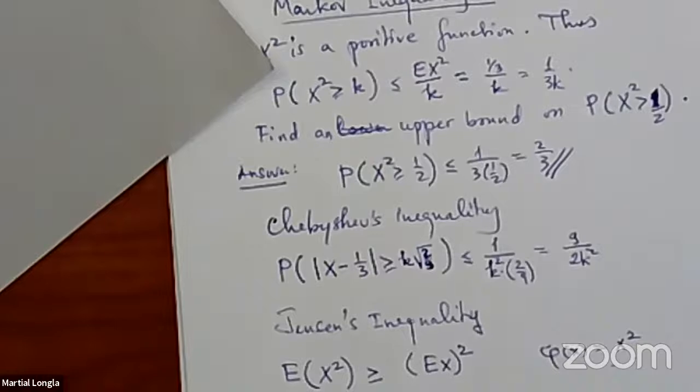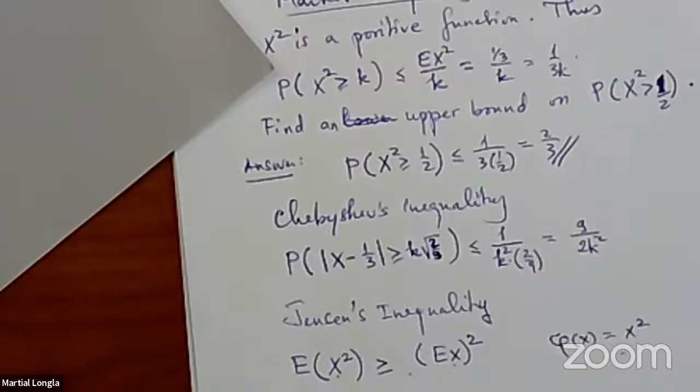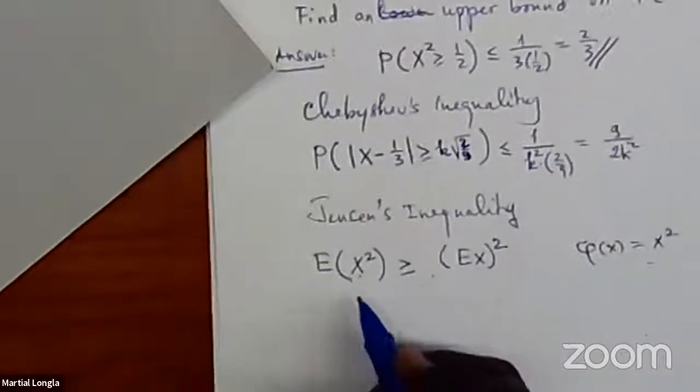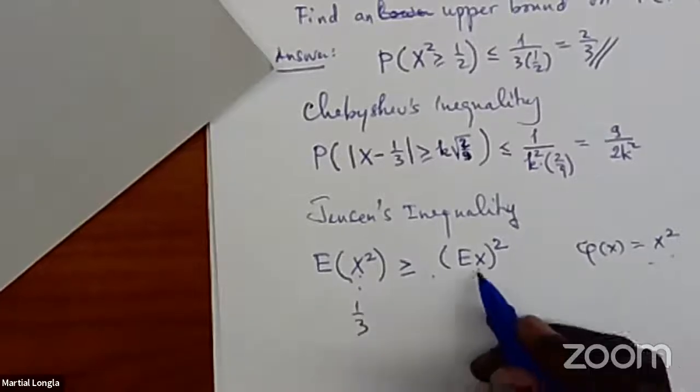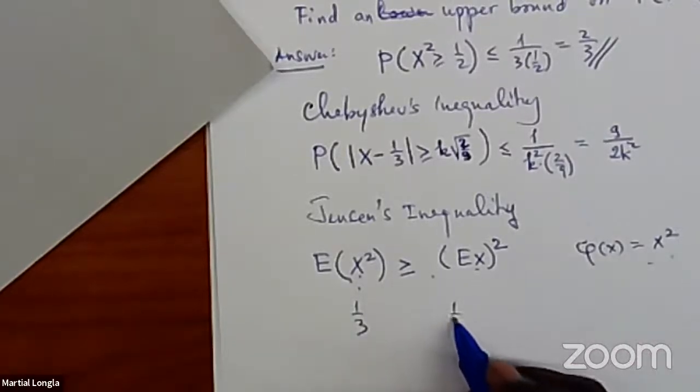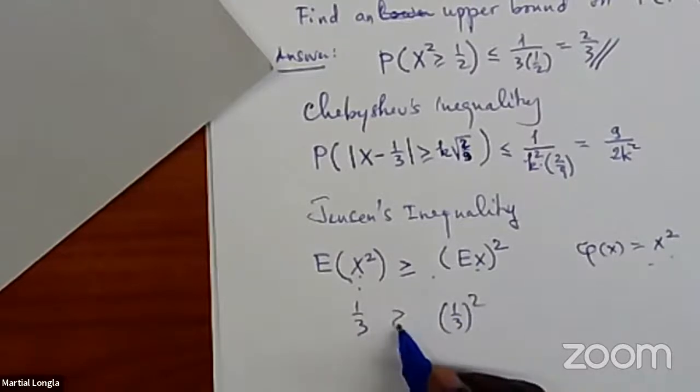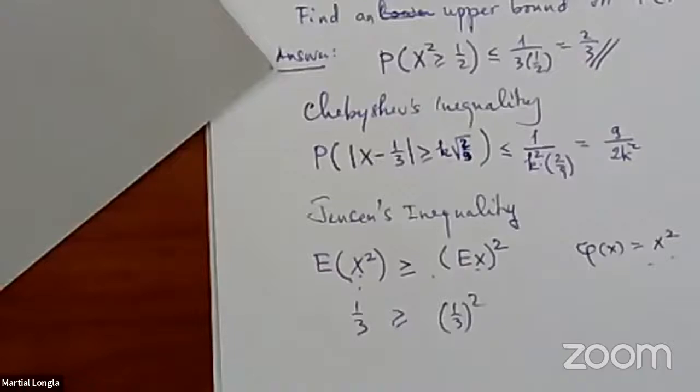Therefore, I know without even computing them that the expected value of x squared is larger than the square of the expected value of x. We have computed the expected value of x squared, it was 1/3, and the expected value of x, it was 1/3 squared. Is this true? Yes, the theorem is not lying. That's what we found.